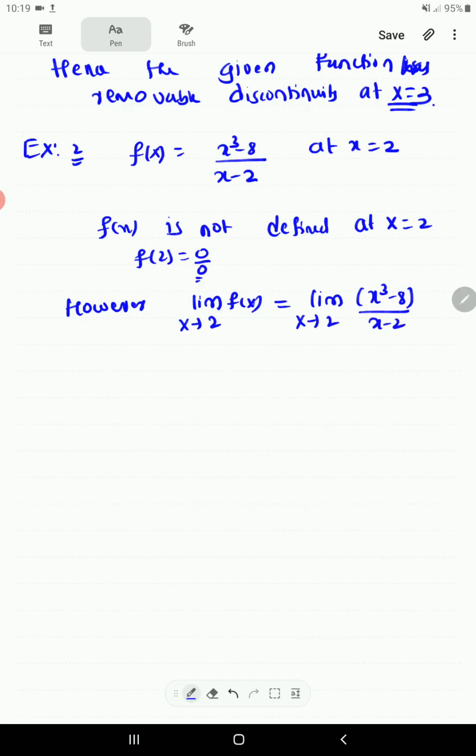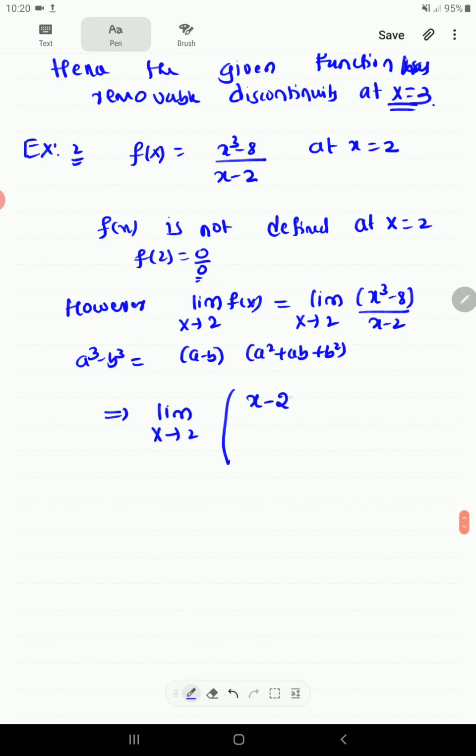Here it is like a cube minus b cube form. We know a cube minus b cube is (a minus b) into (a square plus ab plus b square). So the limit as x is tending to 2, we can write it as (x minus 2) into (x square plus 2x plus 4), where b is 2, divided by (x minus 2).